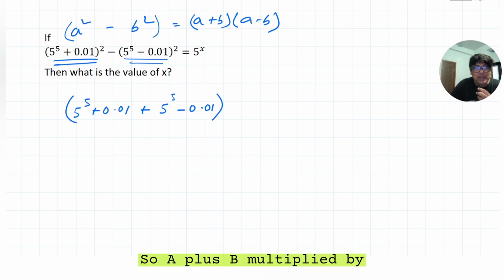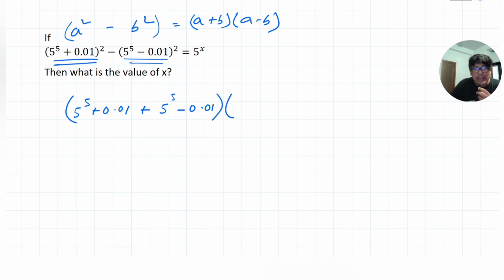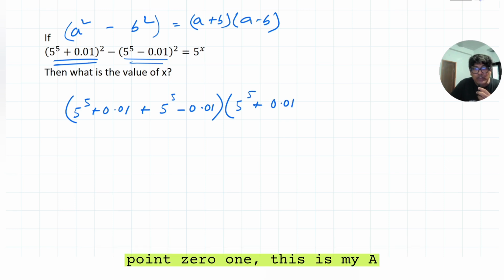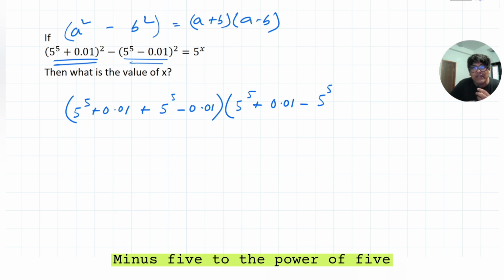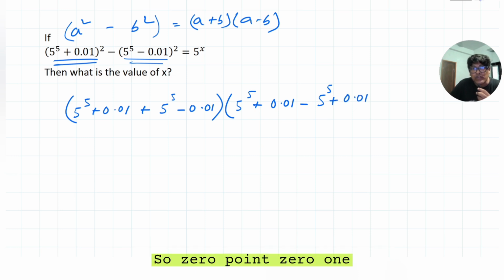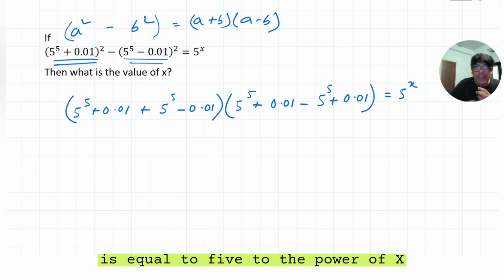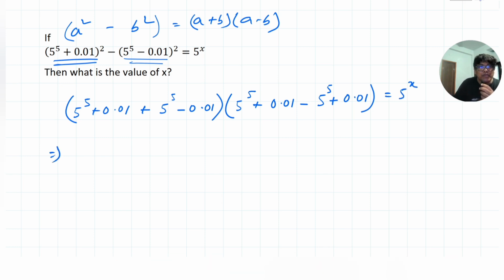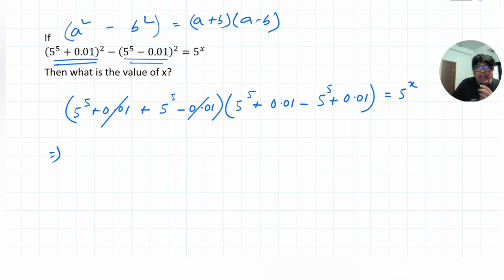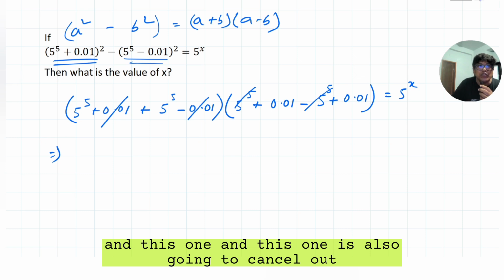So a plus b multiplied by again 5 to the power of 5 plus 0.01, this is my a, minus 5 to the power of 5, and for this minus and this minus, they'll cancel out to give us a positive sign. So 0.01 is equal to 5 to the power of x. Now what we can do, you can notice that this one and this one is going to cancel out, and this one and this one is also going to cancel out.